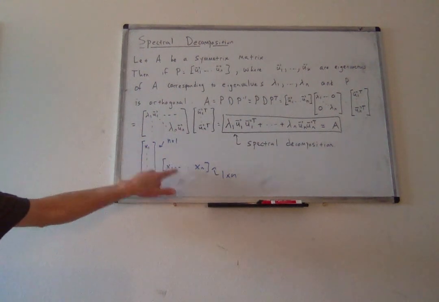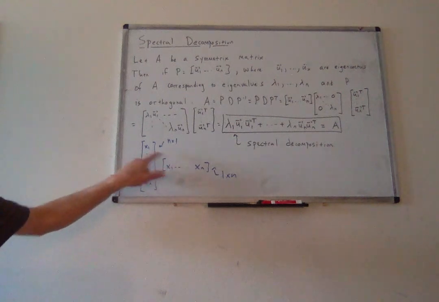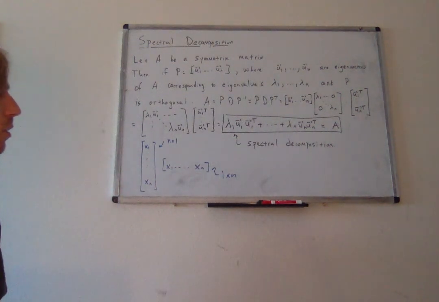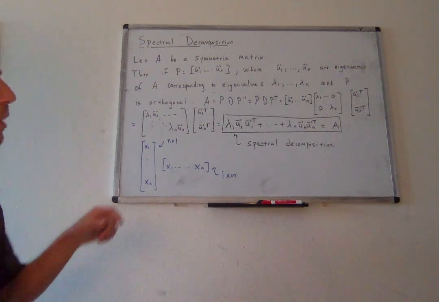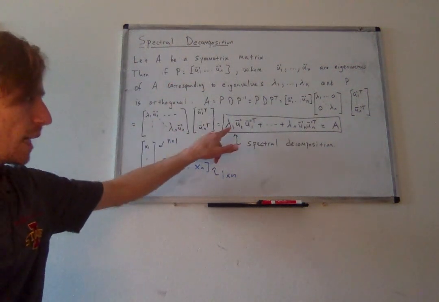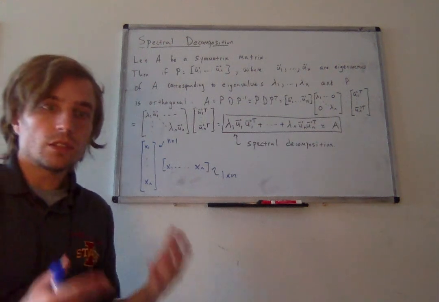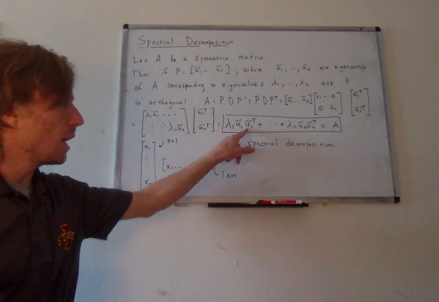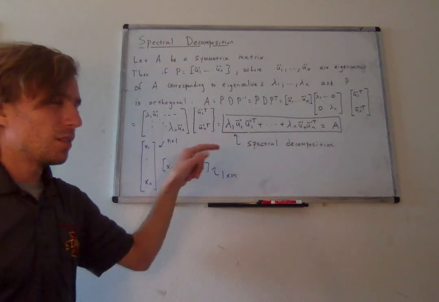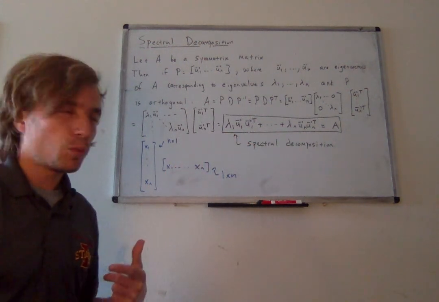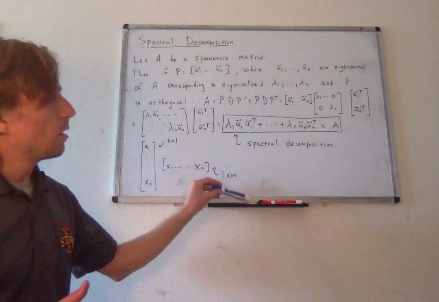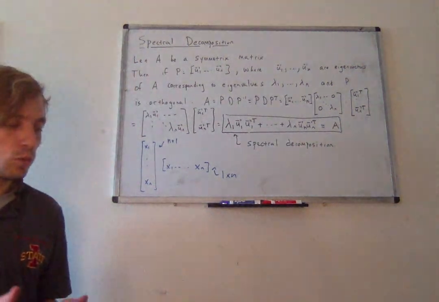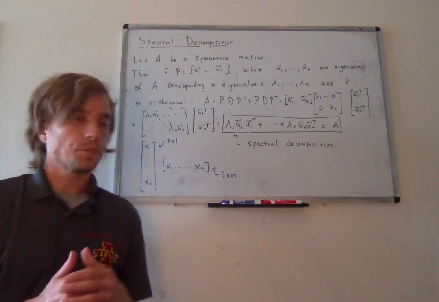And because A is symmetric, we can express it as this linear combination of its eigenvalues times its eigenvectors times their transposes. So it provides this cool decomposition of a matrix when we know that matrix is symmetric.